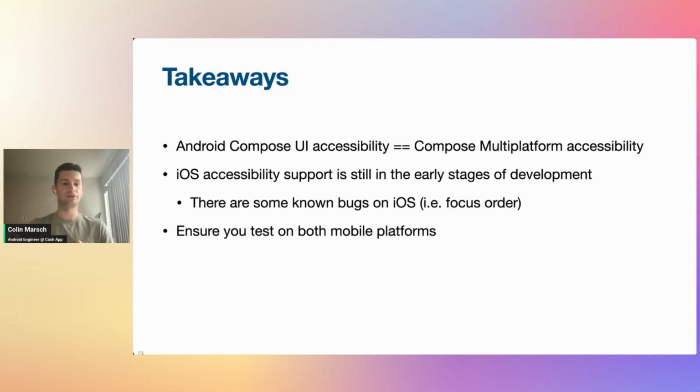So for example, in this painting sample app, the text rows beneath the painting were not focused in the order that would be expected by a customer. Ideally, it should be just down the list in that order, but it jumped around in a couple cases. This is something that will likely be worked on in the next couple releases of Compose Multiplatform and fixed up by the JetBrains team.